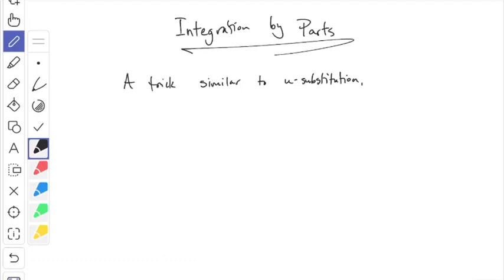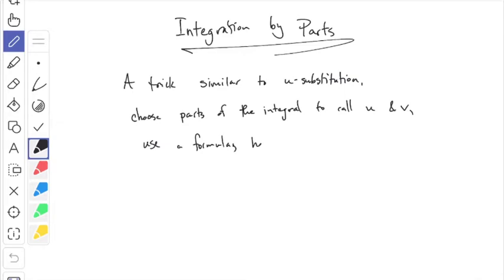So you choose parts of the integral to call them u and v, and then you use some kind of formula. And then hopefully obtaining a simpler integral.